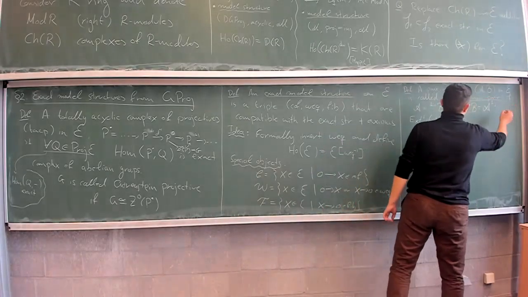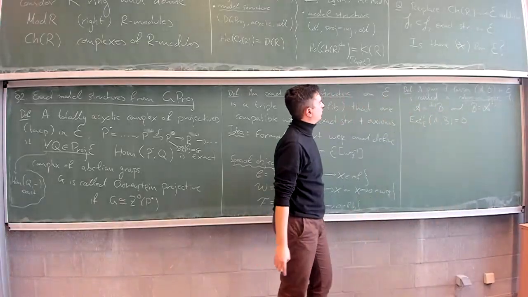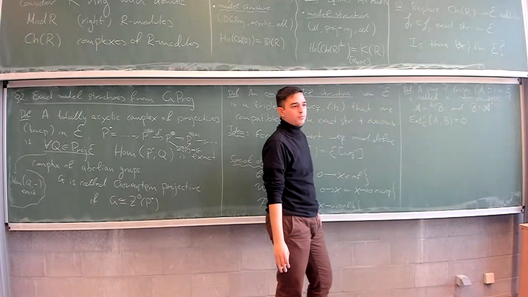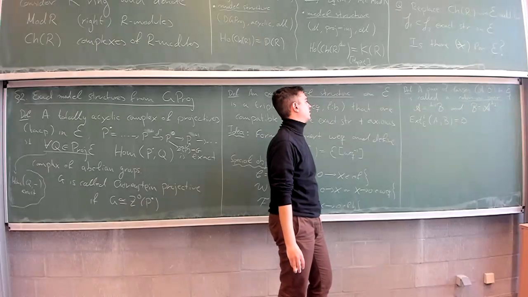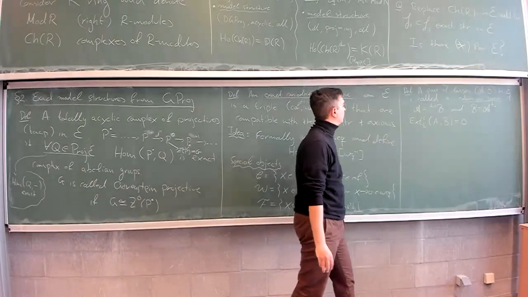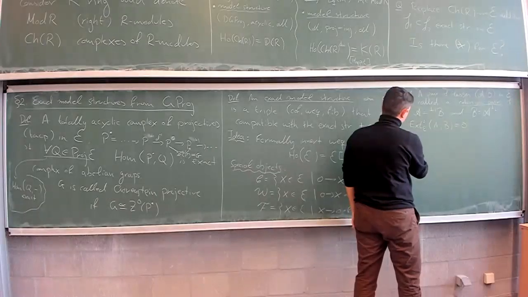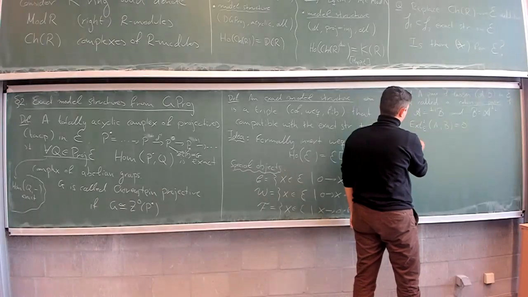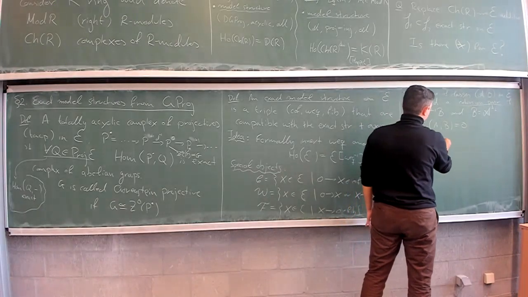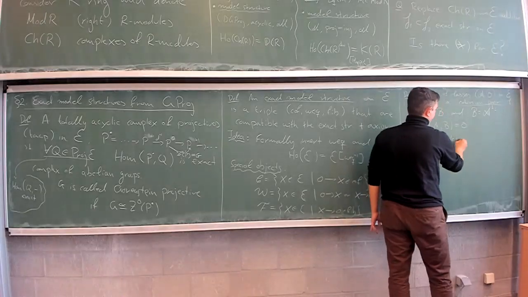So this is what a torsion pair is. Maybe you are familiar with torsion pairs, some of you, I do not know. This is just the Ext1 version of them. And in particular, we are going to call A and B a complete torsion pair.